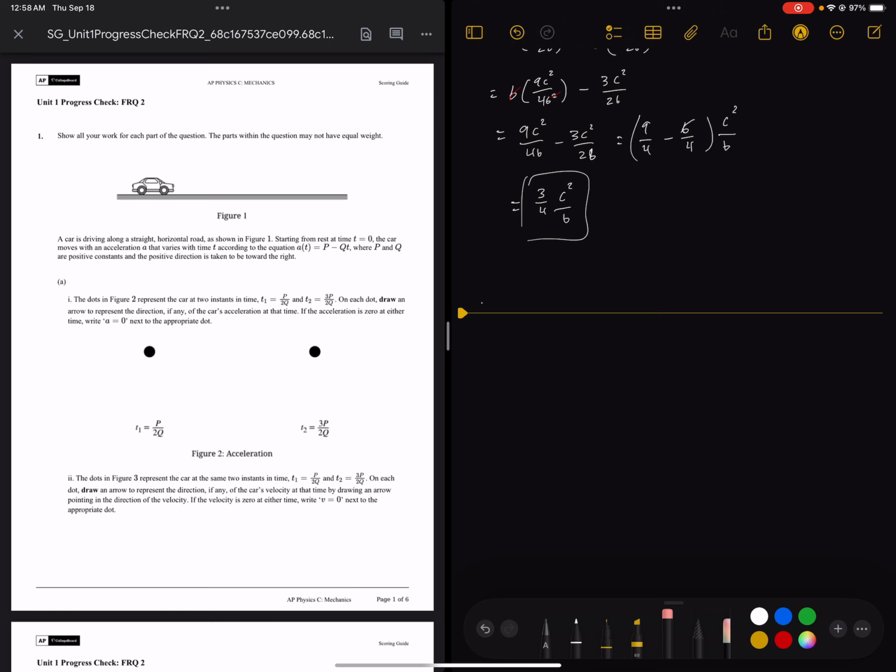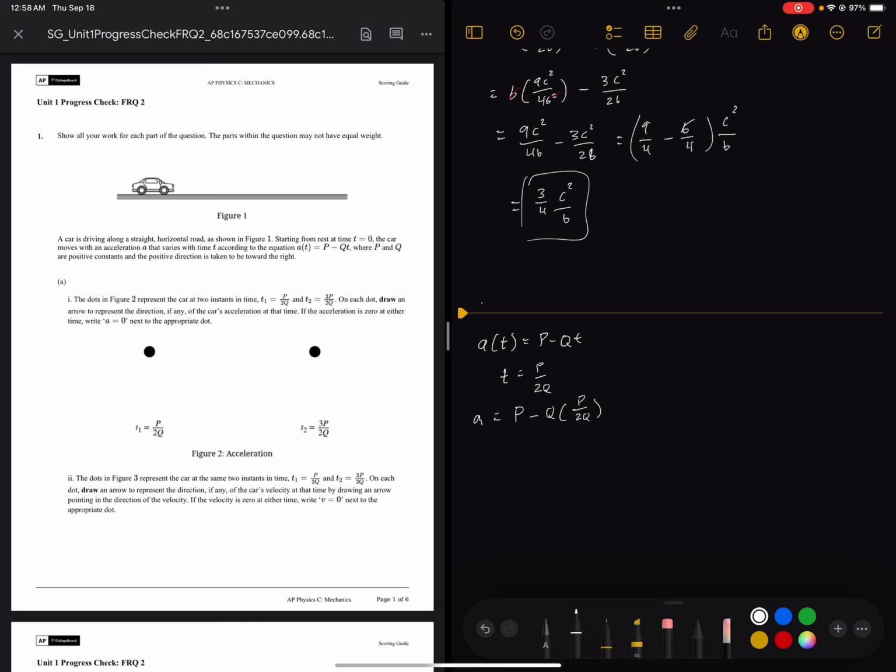All right, so at time t equal to p over 2q, I'm going to plug it into the acceleration function and see what the value is. And notice it says that p and q are positive constants. So let's actually go through that. So I have a as a function of time equal to p minus qt. All right, and let's evaluate it when t is equal to p over 2q. So I have the acceleration equal to p minus q times p over 2q.